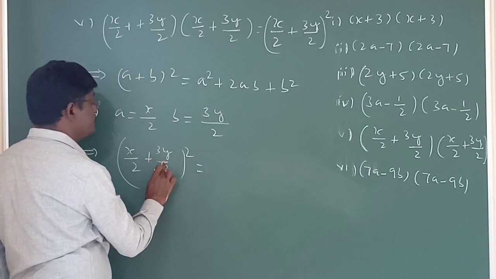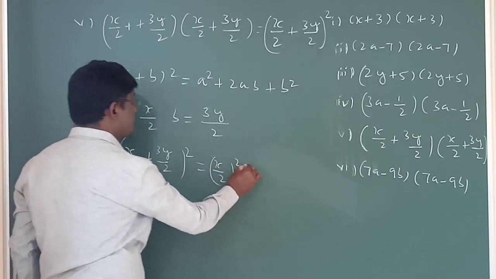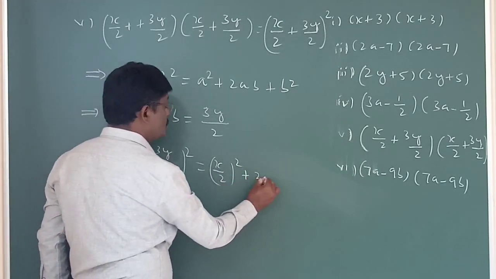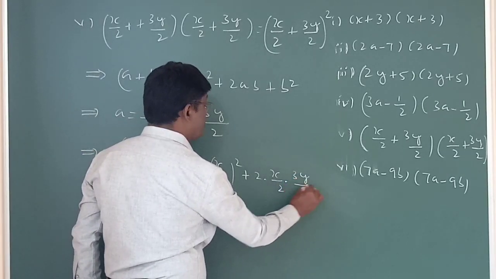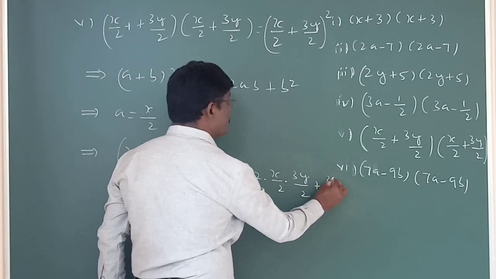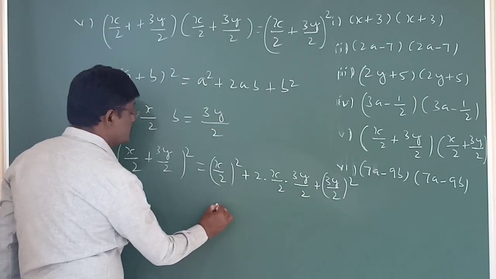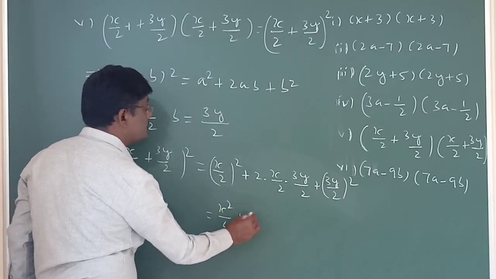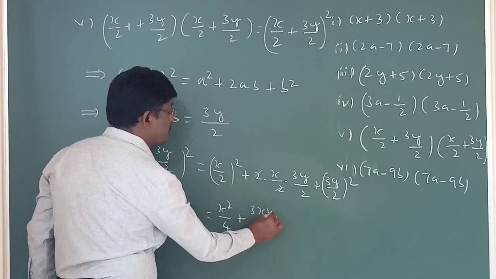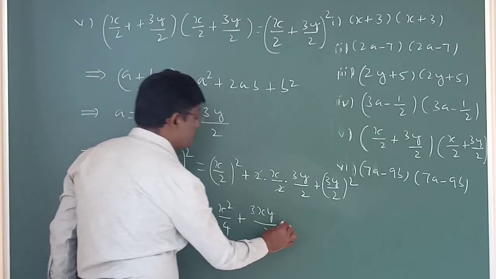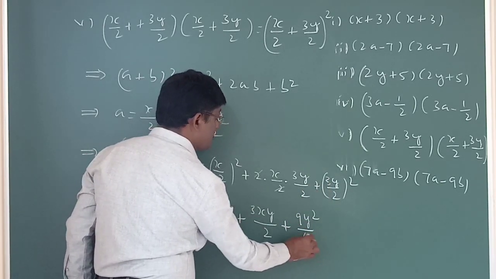Division line plus division line equal, then now therefore x by 2 whole square plus 2 into x by 2 into 3y by 2 plus 3y by 2 whole square would equal x square by 4 plus, 2 and 2 get cancelled, 3 into xy divided by 2 plus, 3 squared means it is 9y square by 4.